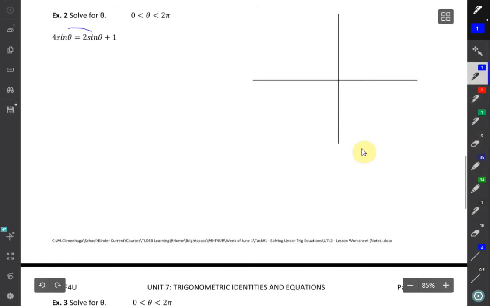I'm going to bring this 2 sine theta over, change its sign. 4 sine theta minus 2 sine theta is equal to 1. That leaves us with 2 sine theta is equal to 1. Dividing both sides by 2, sine theta is equal to 1/2.